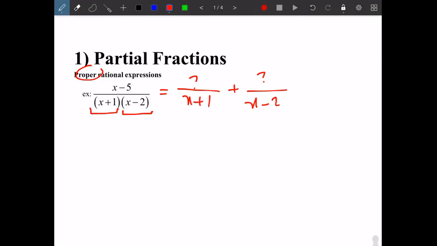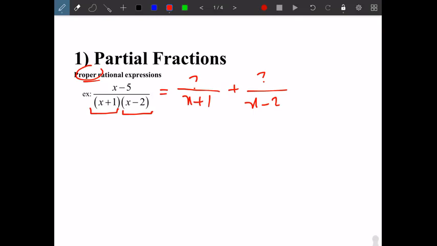So if we observe again this rational expression given, as we said, it is proper. Its numerator has a degree smaller than the degree of the denominator. So whenever you're decomposing it into partial fractions, the partial fractions cannot possibly be improper, improper as the numerator has a bigger degree than that of the denominator.